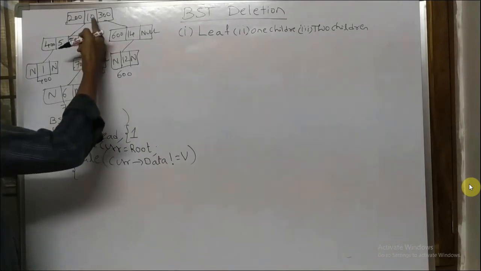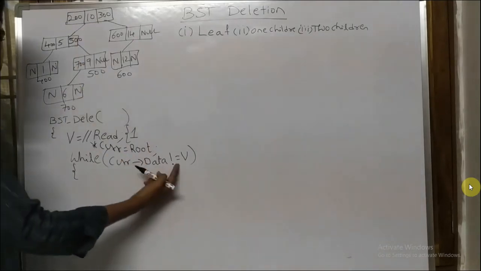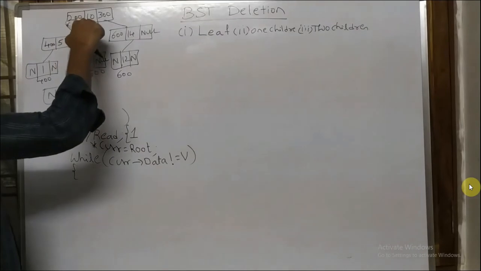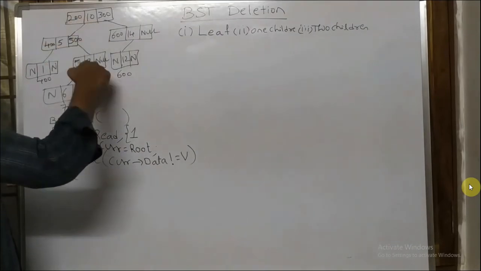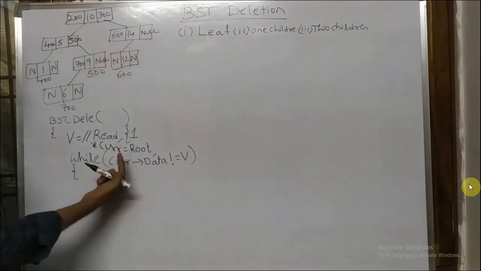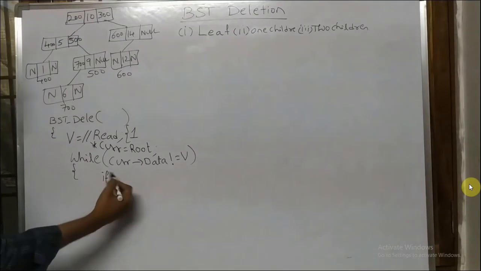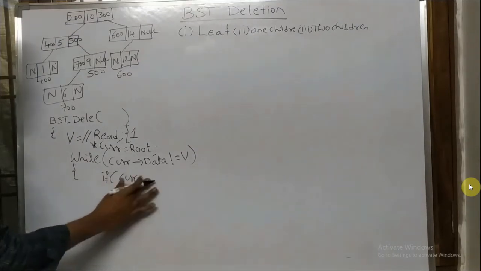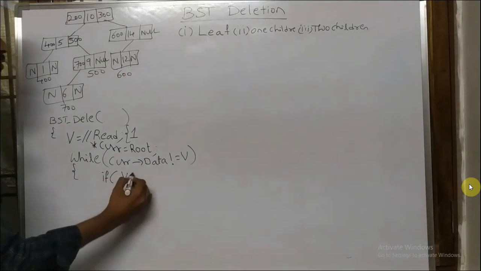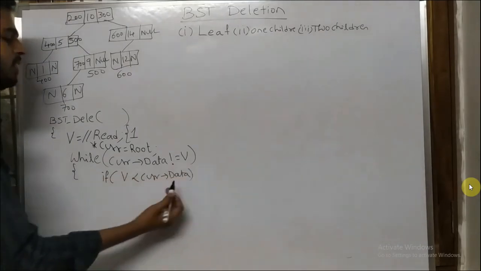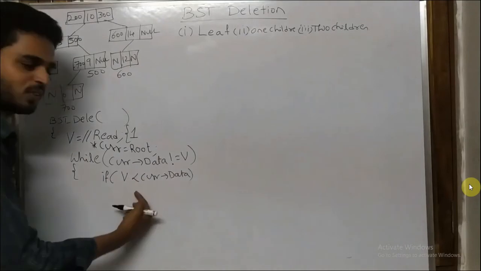The user entered 1. Is 1 not equal to 10? Yes, 1 is not equal to 10, meaning this is not the node that I want to search. So I need to go either left or right, which depends upon the value. So I need to check once again: if v is less than current->data, which side do I need to go?